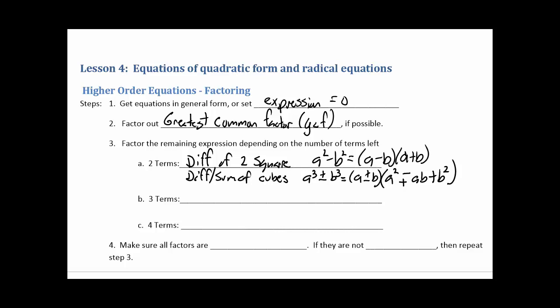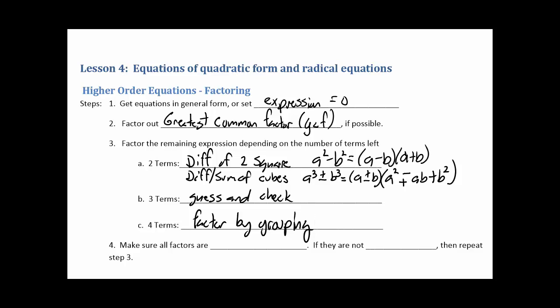If you see three terms, then you want to try the guess and check method of factoring. And if you see four terms, then we want to try factor by grouping. Later on in the course, we're going to look at some other techniques that will apply to that.